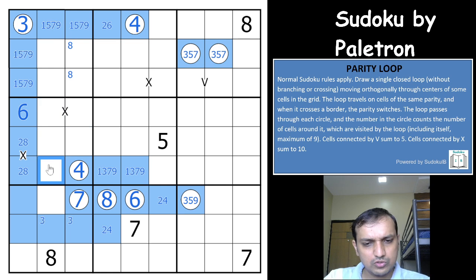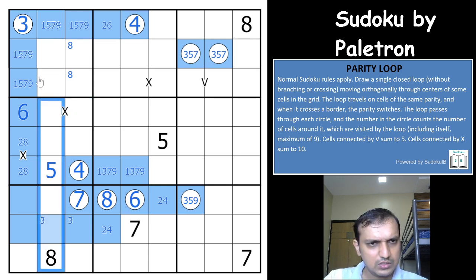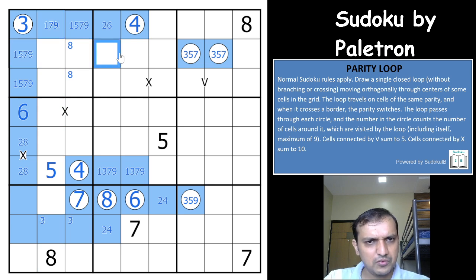Five cannot be here, so this cell would have to be a 5. 5 cannot be in the X. That's nice. So which means this cell is not a 5. This cell is not a 7. Okay, a 5 would have to be in one of these 2 cells.